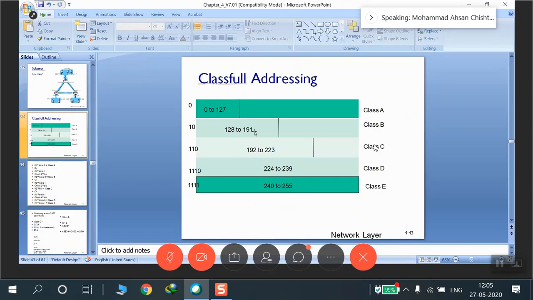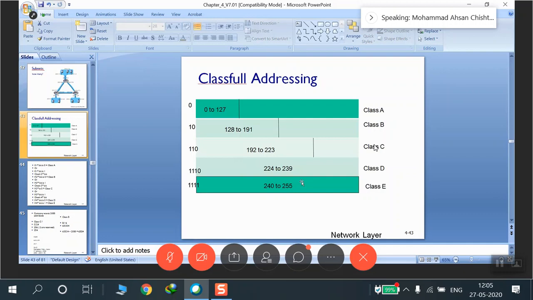I'll ask you a question. I have an IP address 227.16.54.255. Let's say 250. What class is it? The first byte is 227. 227 lies between 224 and 239.